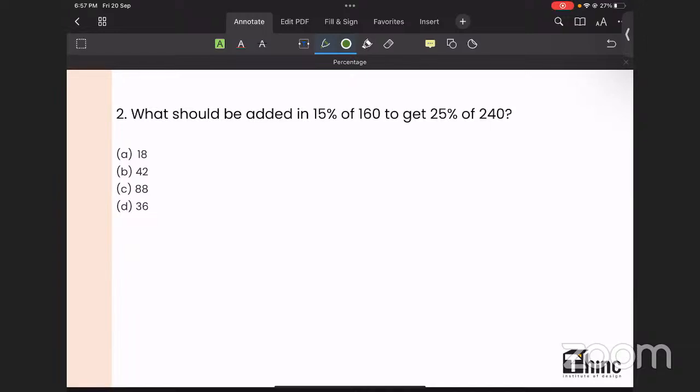Let me repeat it once again. 10% is 16, 5% is half of that, 8. The sum is 15%, which is equal to 24. That's it. So what should be added to 24?